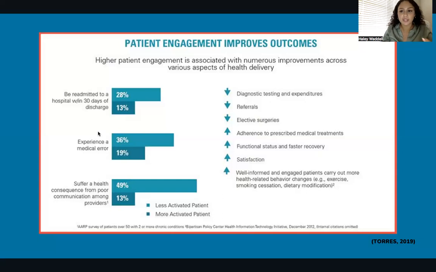And only 13% with a more engaged patient, because they take that step to have that communication with their provider and to be more knowledgeable, to ask those questions, to make those decisions, so there isn't a miscommunication, because they're taking it upon themselves to be involved in their care and because they care about their health. So that's a big statistic. That's a big percentage. So that's why it's important to make sure.